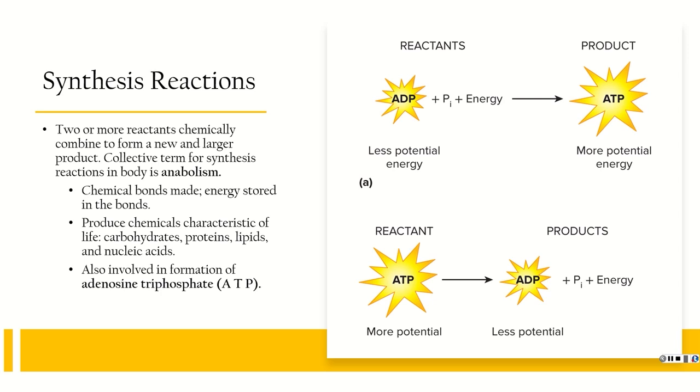ATP is adenosine triphosphate. So there's a molecule, adenosine, combined with 3 phosphate molecules, right? ADP is adenosine with diphosphates, or 2 phosphates.